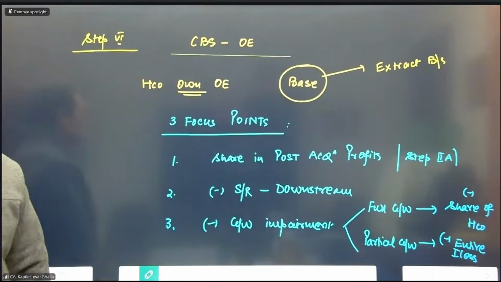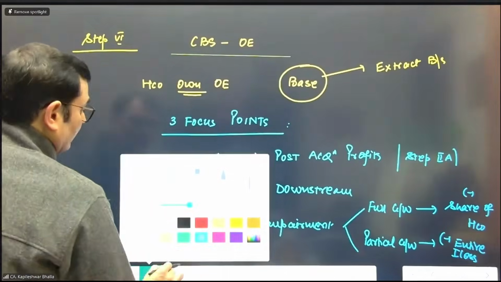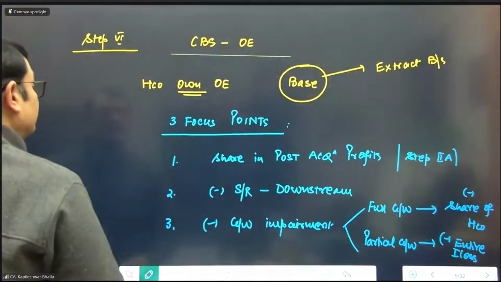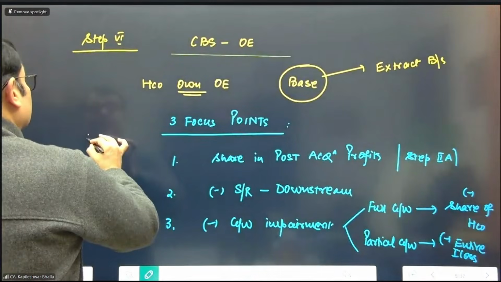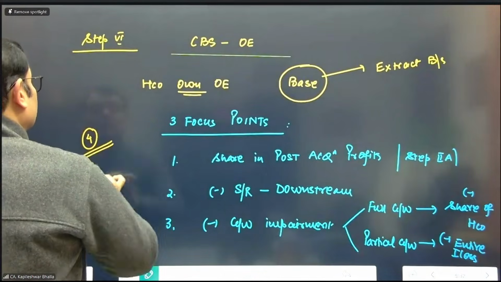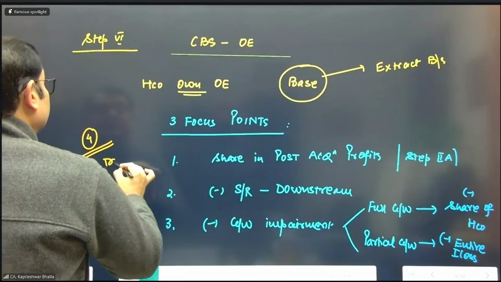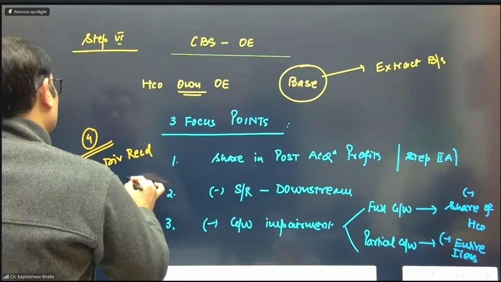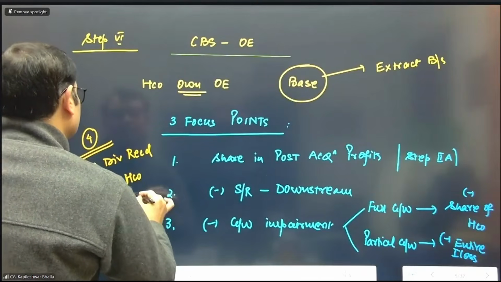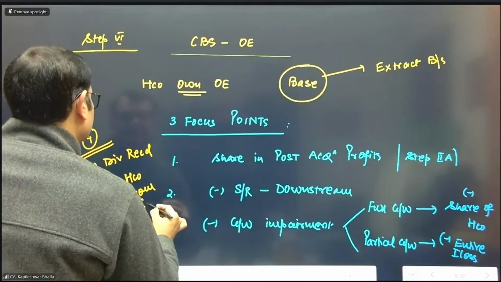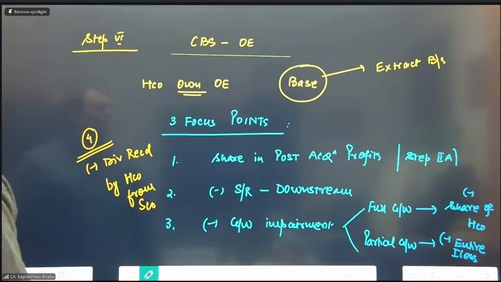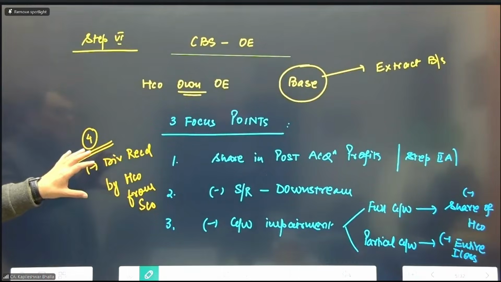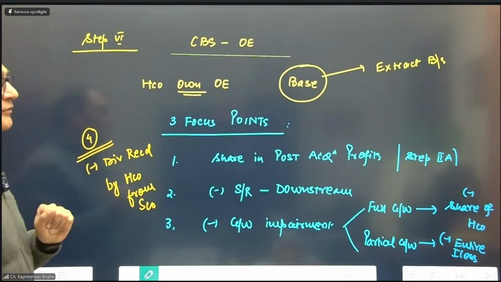And just to add on the next point, though I've kept it as three focus points, we can say there's another fourth point also, which is reduce the dividend received by the holding company from the subsidiary company, because this does not represent an income from the consolidation point of view.